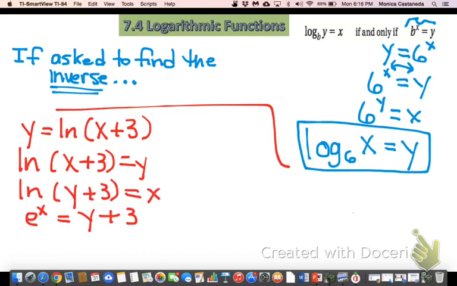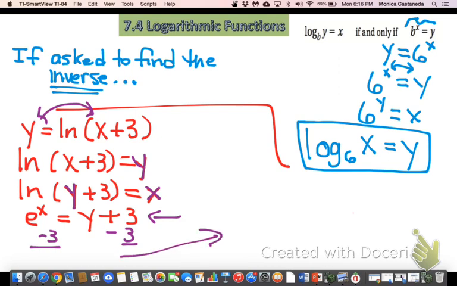Okay, so remember our first step was we just switched the order and put the y on the right-hand side. Then I exchanged the position of the x and the y. So now the x is on the side by itself. Then I wrote it in exponential form, and remember our base for natural logs is going to be e, and then we want to isolate y, so we'll just subtract 3 from both sides.